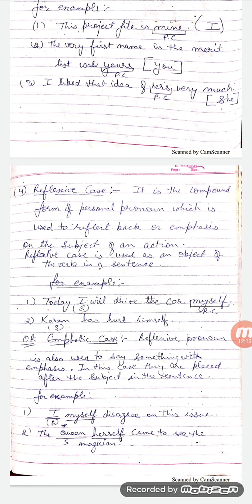It is performing the same function as the reflexive pronoun but with an emphasis on the doer of the action, that is the subject. When the subject has done any action and wants to lay emphasis on himself or herself, he places the reflexive pronoun just after the subject to show the emphasis.